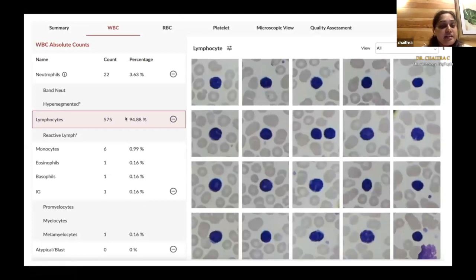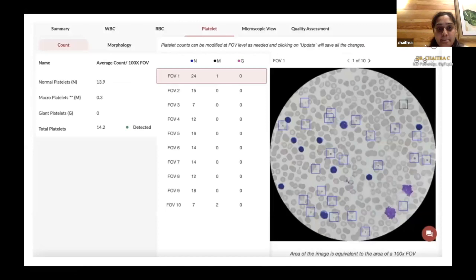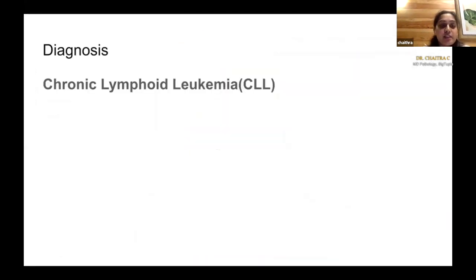The AI-enabled software gave an accurate differential count with the visual evidence that it shows 94% lymphocytes. The microscopic view showed increased leukocytes with increased lymphocytes, and we could also appreciate the smudge cells or the basket cells. The platelet count was normal in this case. This is a pretty straightforward case. This was a CLL.